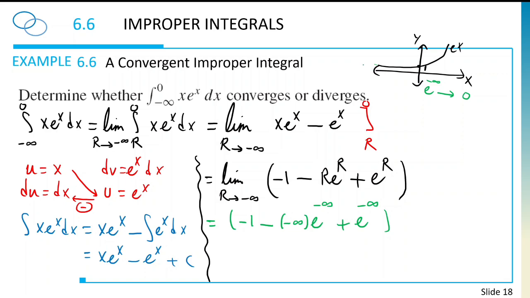As x goes to negative infinity, y approaches 0. So that means this term is going to 0 alone. And this is negative 1. Okay, we have it. Now what about this one?